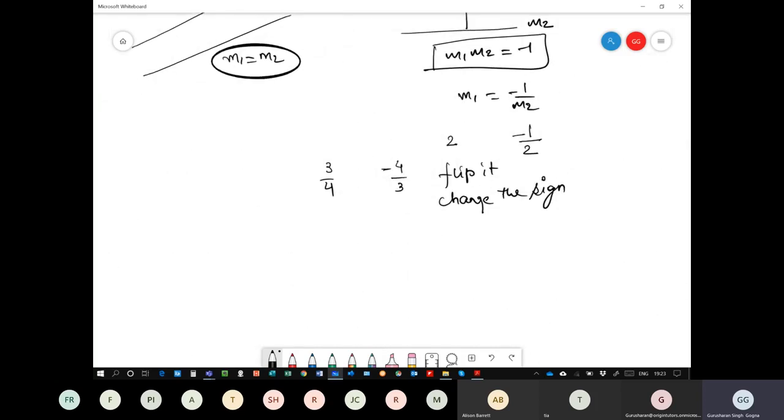So that's the slope of the perpendicular line to this. If one slope is -1 over 2, then the other should be 2. You flip it and change the sign. Okay, so this is how you can find out the slope. And in the question, if they tell you two lines are parallel or perpendicular, you need to use this condition.